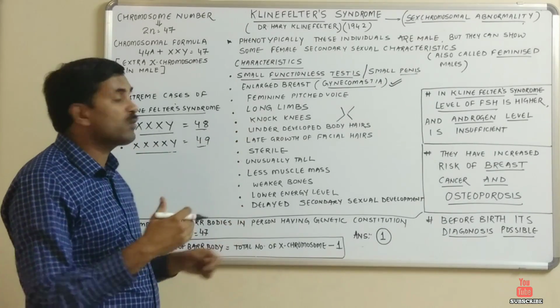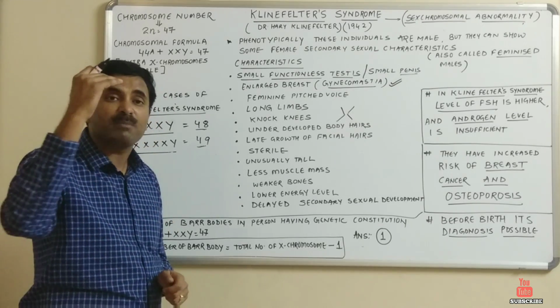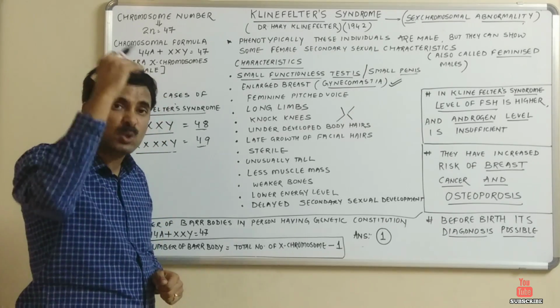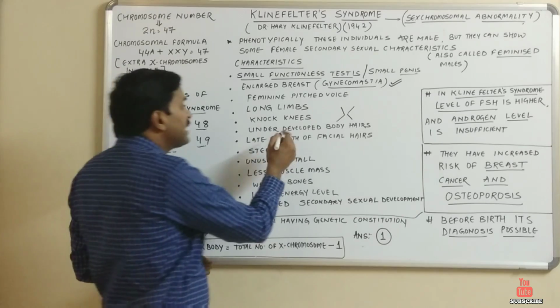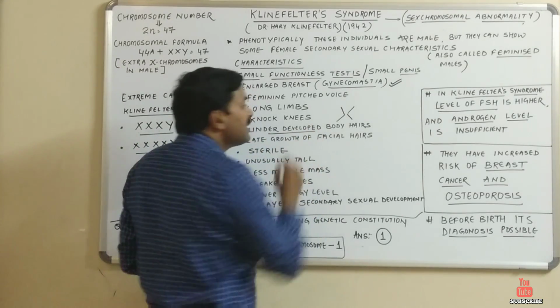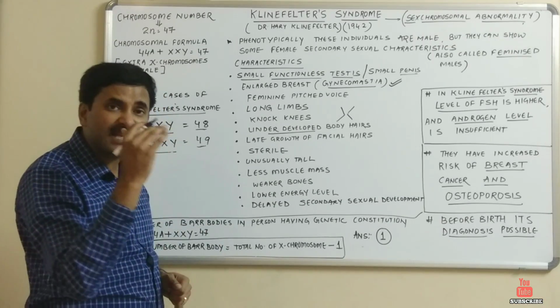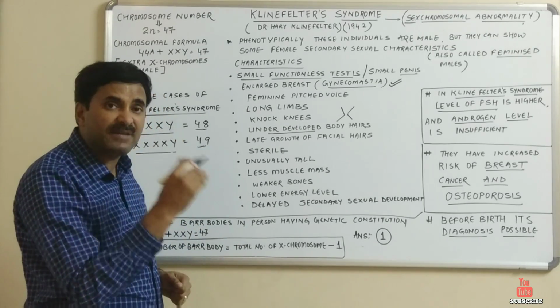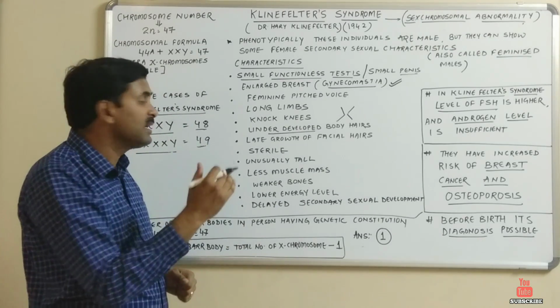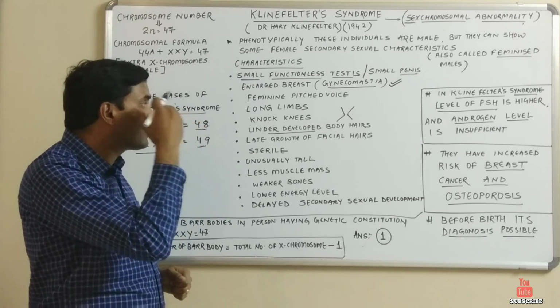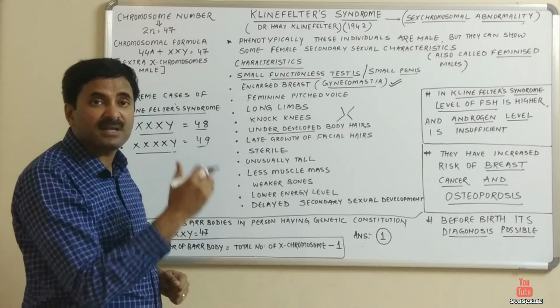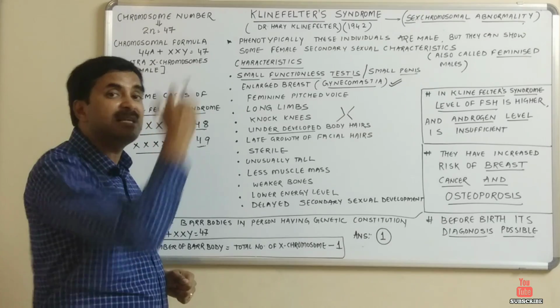But in them, because the androgen level or testosterone level is low, the hairs on the body are less developed. They have underdeveloped body hairs, as well as less facial hairs, and the growth of the facial hairs occurs a little bit delayed.